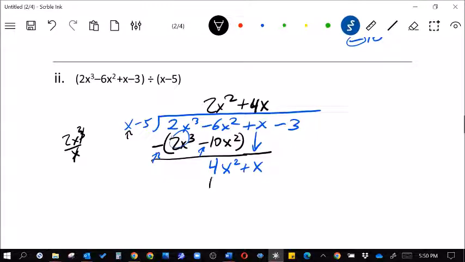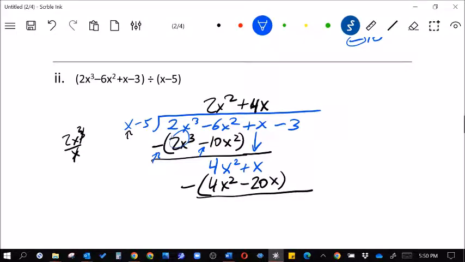4x times x gives me the 4x squared. 4x times negative 5, negative 20x. And we subtract. So here now, this goes away, and plus x, positive x, minus a negative means plus 21. So it's 1x plus 20x, we get 21x.